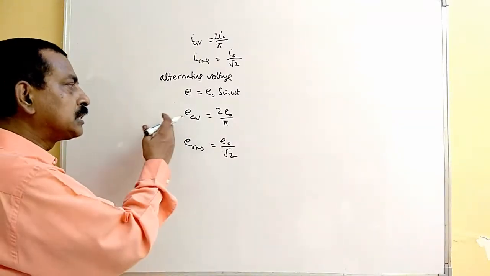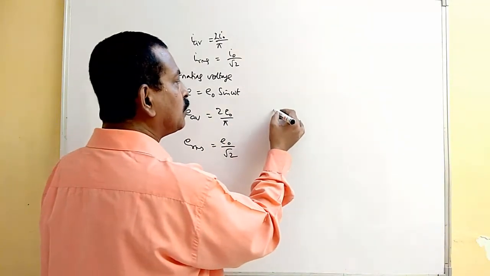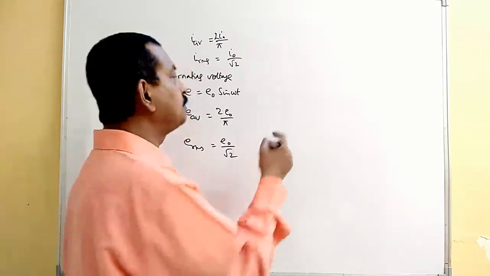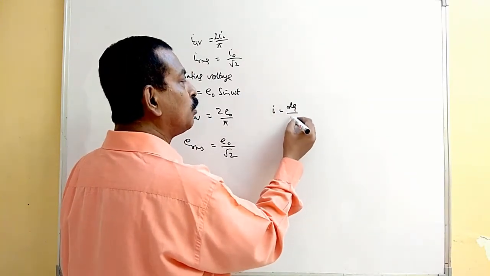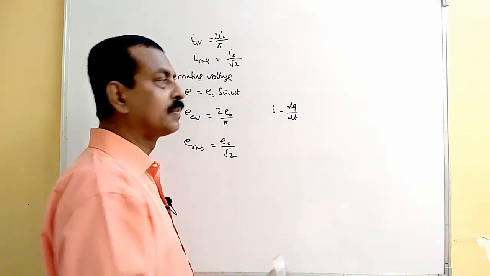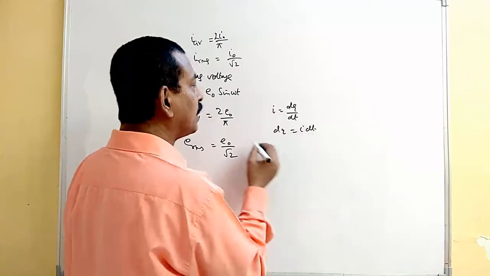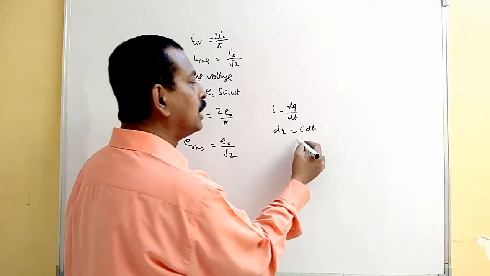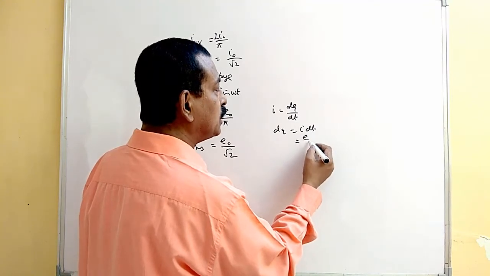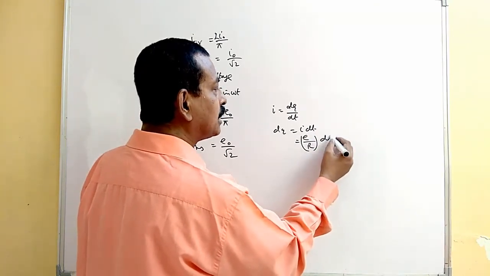So this is how you can get it, because you know that for I which we have taken, it was dq by dt. So we can write dq as I dt. In terms of the voltage, if I have to represent this, it will be E by R, where R is the resistance of the circuit.